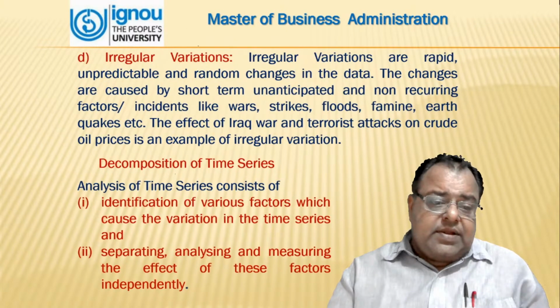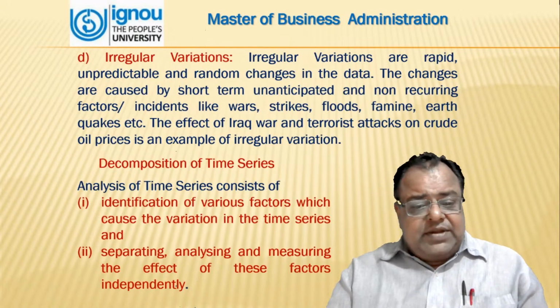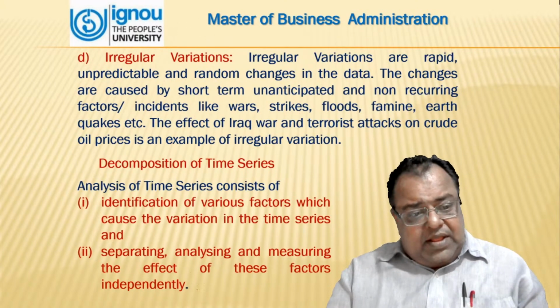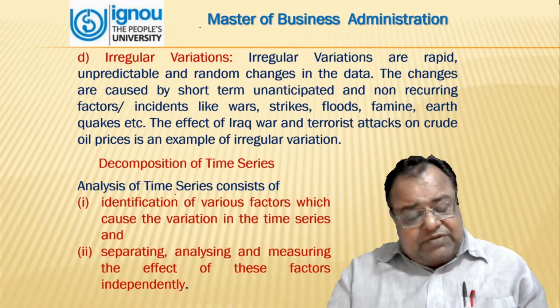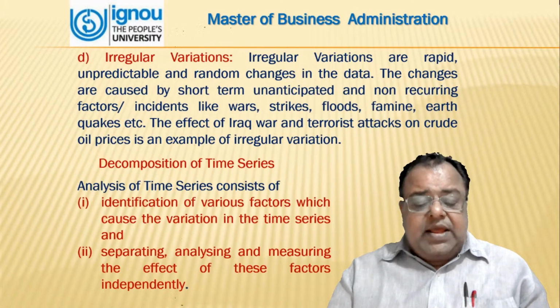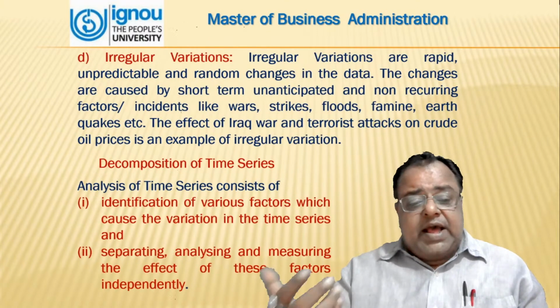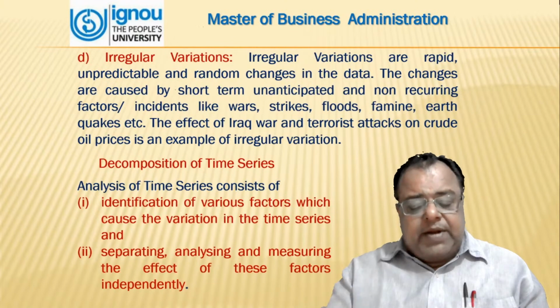Then comes decomposition of time series. Analysis of time series consists of identification of various factors which cause the variation in the time series, and separating, analyzing, and measuring the effect of these factors independently.